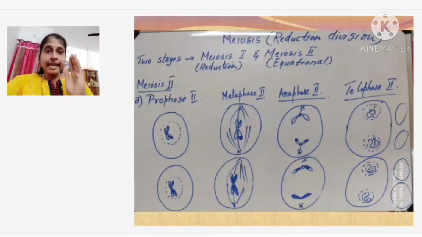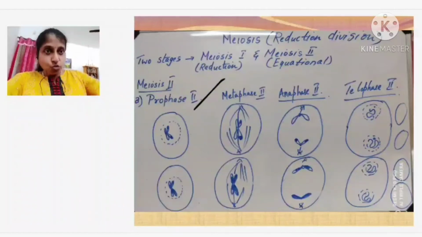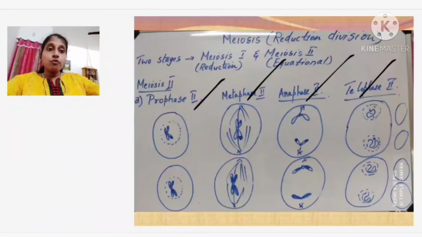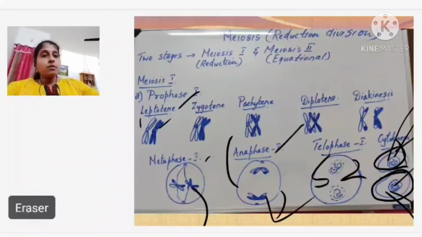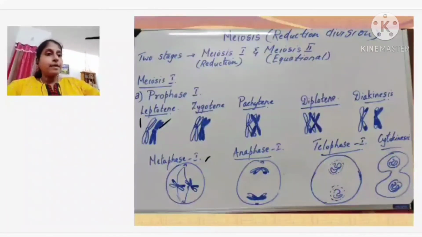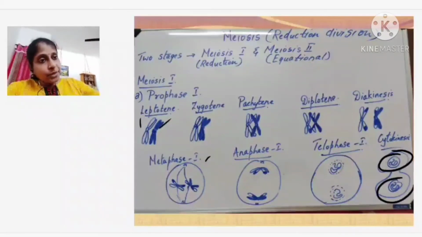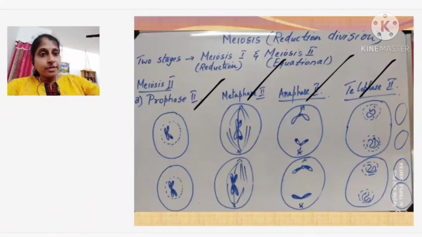Meiosis 2 is again divided into how many? 4 stages. What are they? Prophase 2, metaphase 2, anaphase 2, telophase 2, cytokinesis. Listen very carefully. In the beginning, we learned what happened in meiosis 1. I am getting 2 cells which are having 23 chromosomes, right?